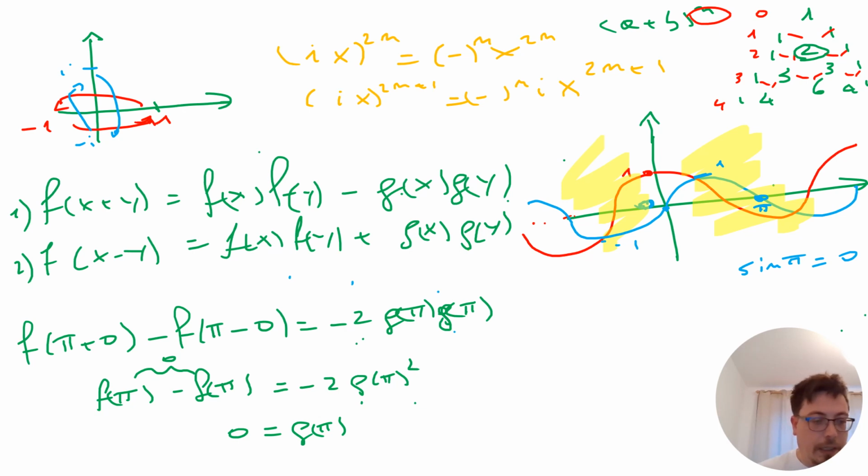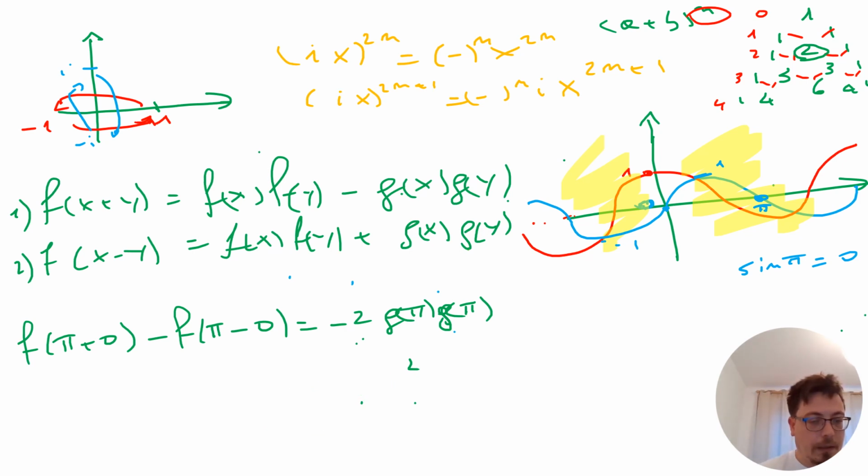Let's see if we can get other numbers out of it. I'm sure we can. We can get, for example, 2 pi. So we just replace the 0 with a pi and a pi here.